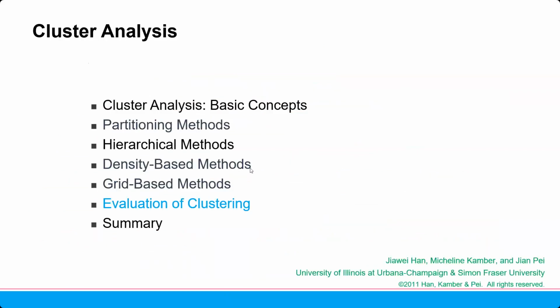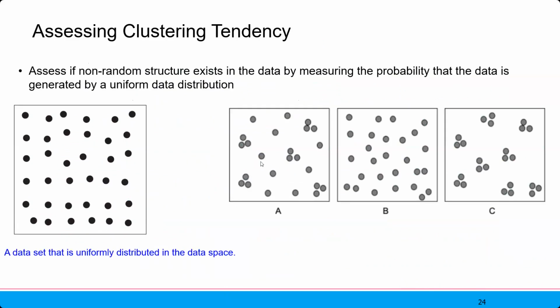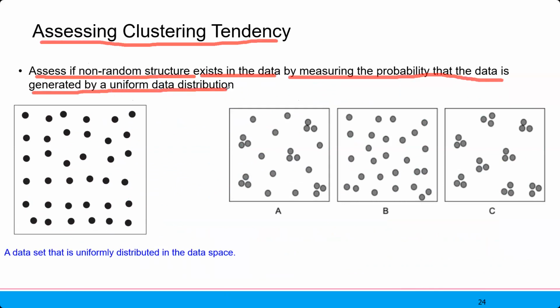The last one that I want to explain is how to evaluate the clusterings. The clustering has one concept, which is the clustering tendency. The clustering tendency means assessing if a non-random structure exists in the data by measuring the probability that the data is generated by a uniform data distribution.